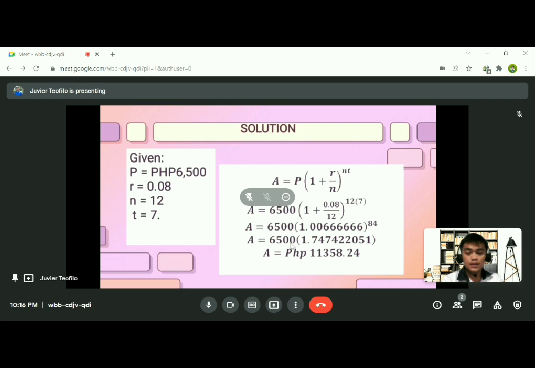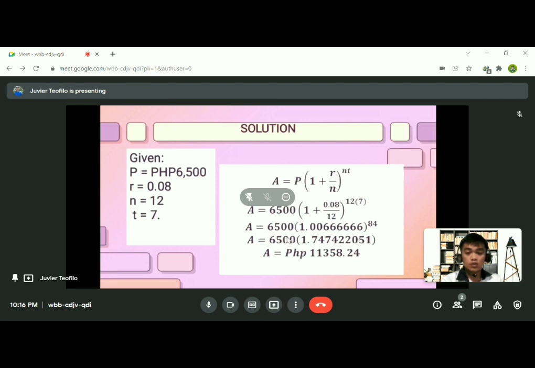So we have 6,500 times 1.7474225051. If you have a question why we have this answer, we just use the calculator and solve 1.006666 to the power of 84, and we have this.